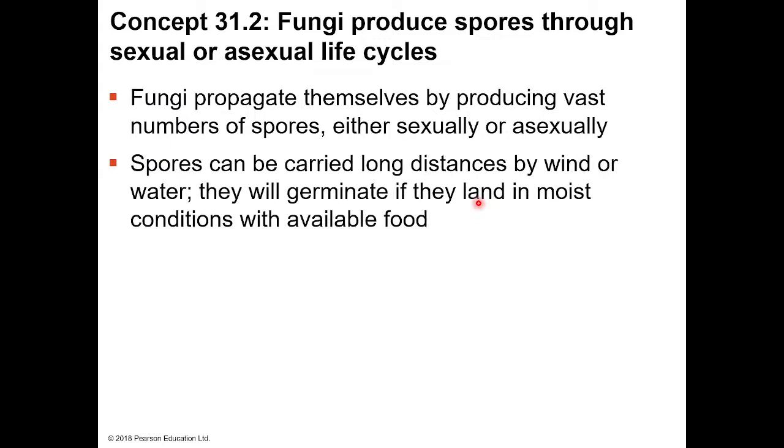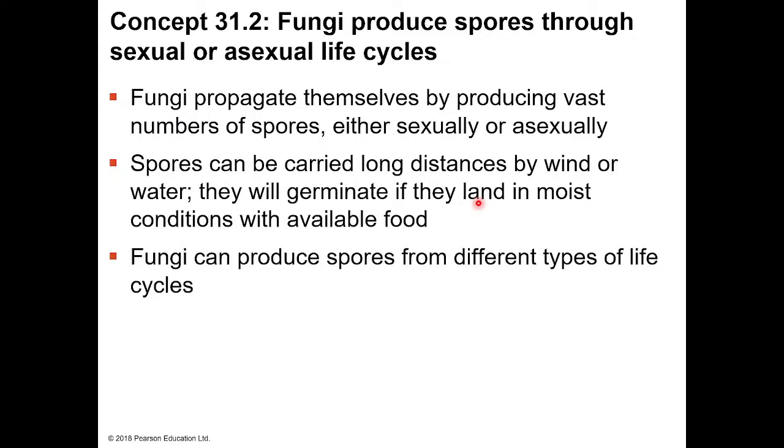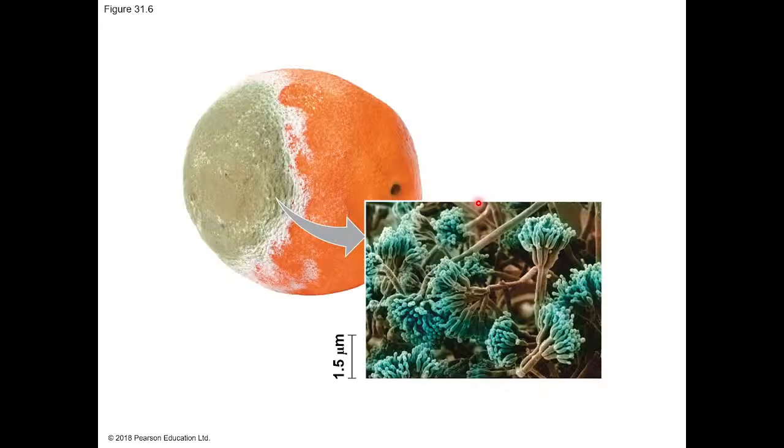Fungi propagate themselves by producing vast number of spores either sexually or asexually. Spores can be carried long distances by wind or water. They will germinate if they land in moist conditions with available food. Fungi can produce spores from different types of life cycles.